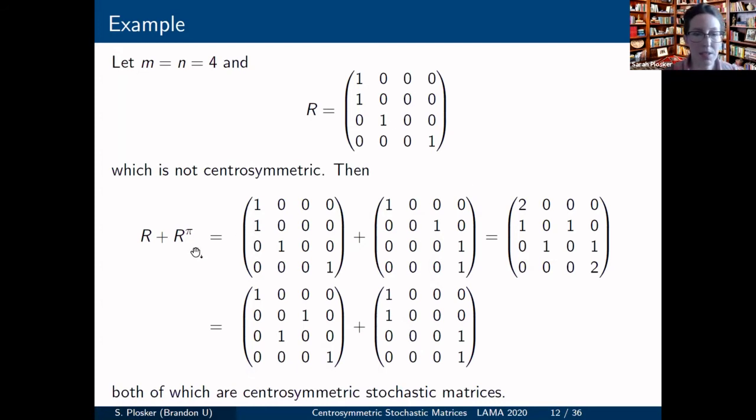So if you take R plus R pi, now it is centrosymmetric. And the entries can either be 0, 1, or 2. If they're 2, you can just split them, and both Q1 and Q2 have 1s in those same spots. And if there's 1s, then you kind of just divvy them up so that there's exactly one 1 in each row for each of the Q1 and Q2. And so these two matrices now are centrosymmetric and stochastic.